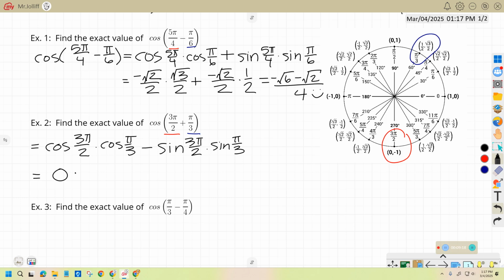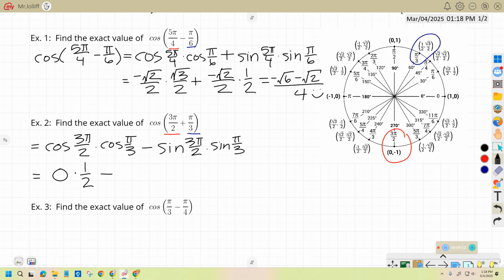Nicholas, what is cosine of pi over 3? 1 over 2. Very good. We need the x coordinate. 1/2. Perfect. And we have a minus.